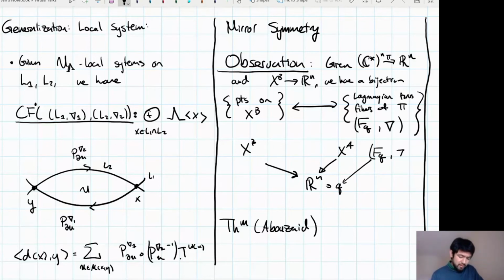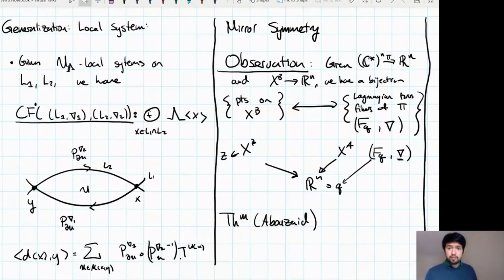To have enough Lagrangian-like objects to match up with the points on the left-hand side, I'm going to look at not just Lagrangians, but Lagrangians equipped with unitary local systems. So this is one way you can see that the spaces XB and XA are related to each other. You can think of XB as being the moduli space of Lagrangian tori on XA equipped with unitary local systems.